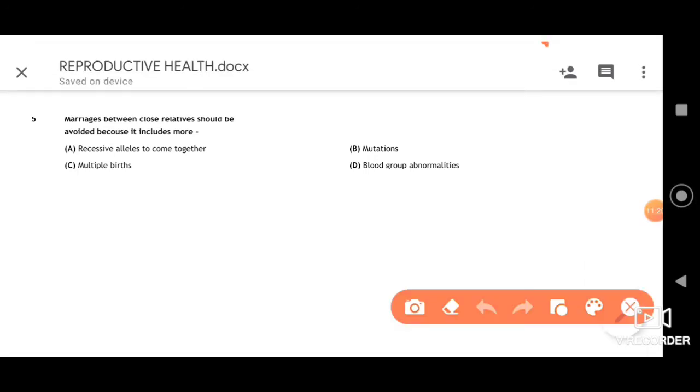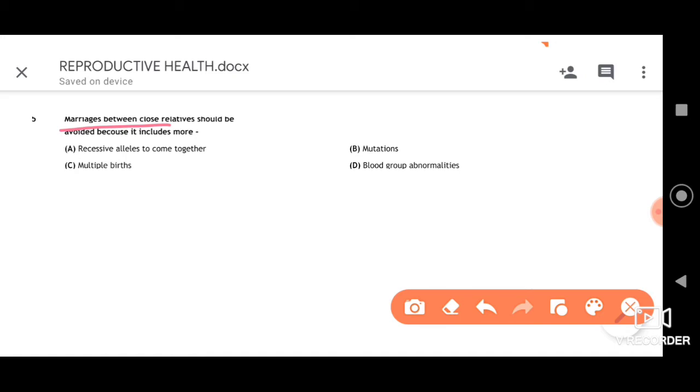Then dear friends, the next question we have here is: marriages between close relatives should be avoided because it increases more what? Four options have been given. The marriage between close relatives is called consanguineous marriage, dear friends. Now why should it be avoided?